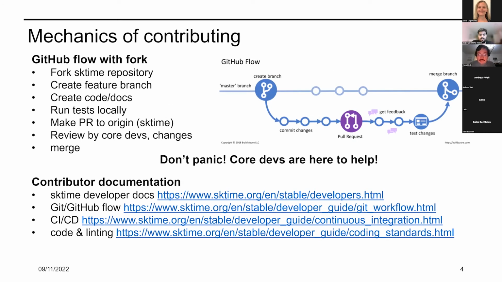On how to contribute, you may or may not be familiar with GitHub Flow. We're using GitHub Flow. That's a Git supported workflow for code collaboration at scale, which means you will locally on your computer make changes to the code. There is the main code base of sktime.